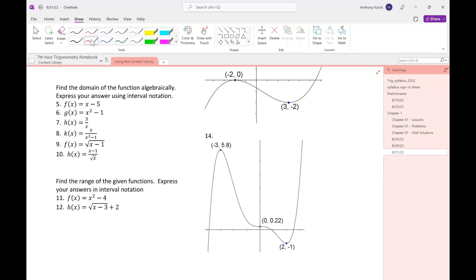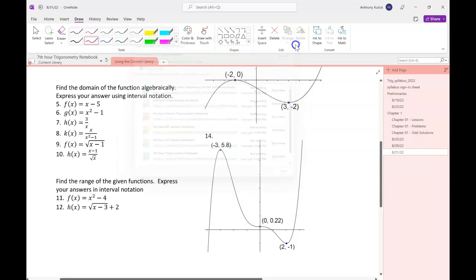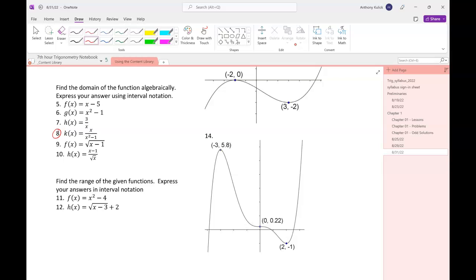If I'm looking at number 8, which is what you asked about, and my pen wants to work, we're going to try doing this for a minute. Do I see division? Yes.